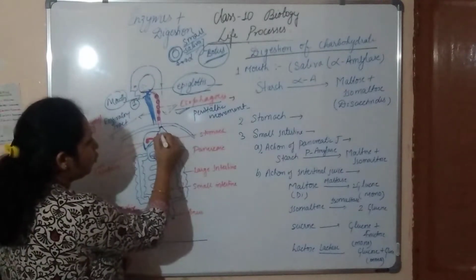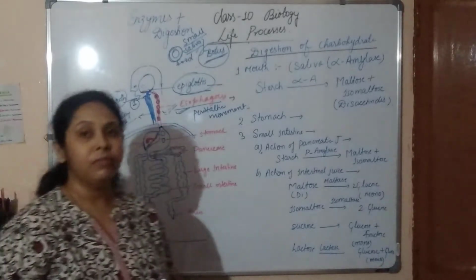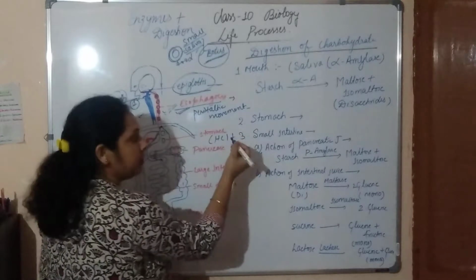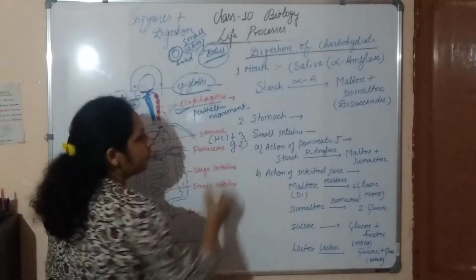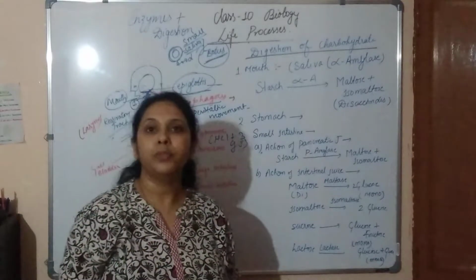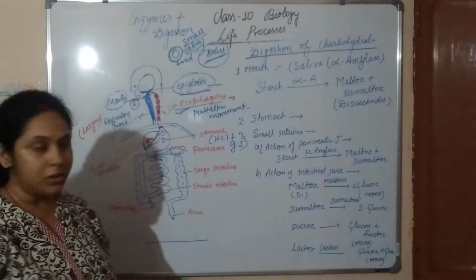Now the food moves towards the stomach, and in the stomach we have HCl and some gastric juice, which help in the partial digestion of protein, and HCl also plays a very important role.